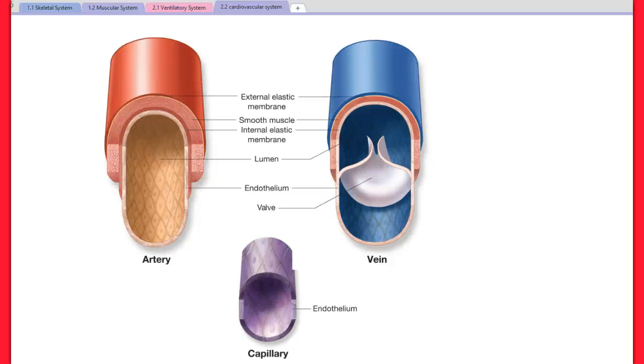This screencast is looking at the end of 2.2.3, where we're looking at the differences between arteries, veins and capillaries. As can be seen quite clearly here, our artery has much thicker muscular walls.